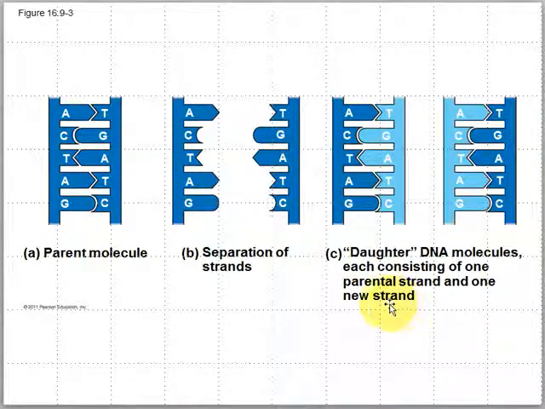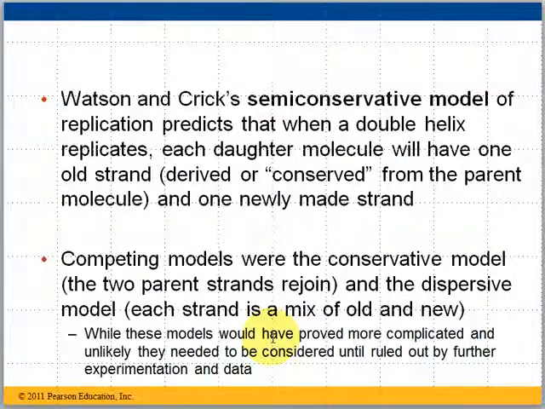So in the two new cells, you have a mix of the old DNA from the parent and the new strand of DNA on the other side combined with that. Recall that we call this a semi-conservative model because a portion of the DNA is conserved and a portion is brand new. So this would be called the semi-conservative model of DNA replication.